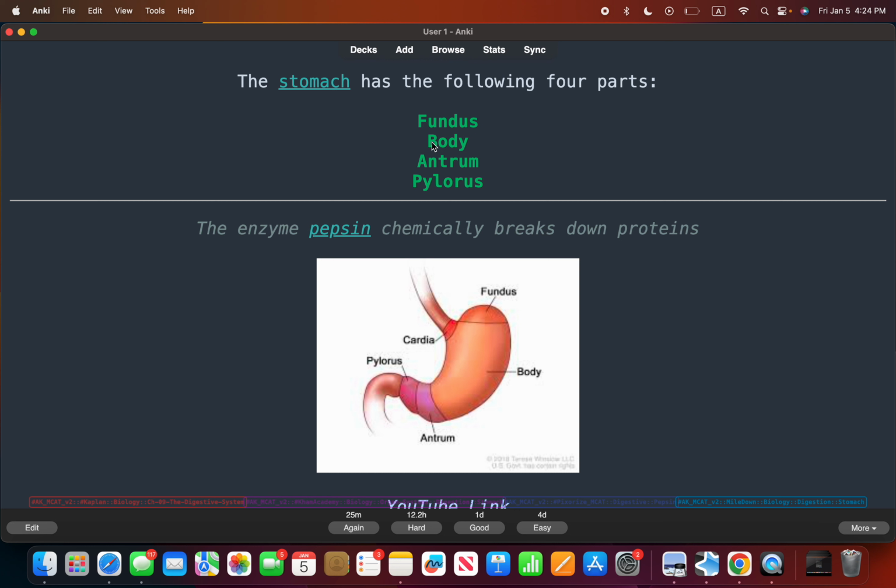And pylorus, we know there's the pyloric sphincter, which should do the job. So fundus, we have the body, an organizing body that processes the money, the funding, and then we have ants drinking rum, antrum, and the pyloric sphincter, which is the ant, so pylorus.